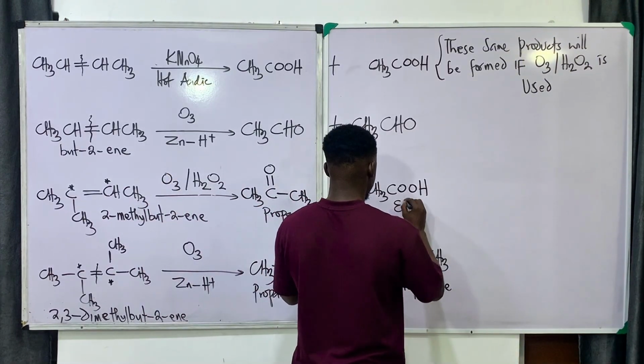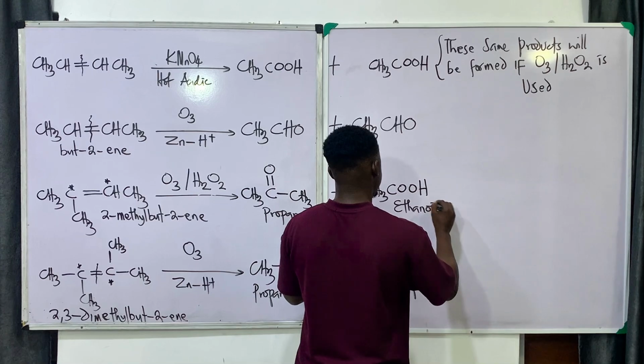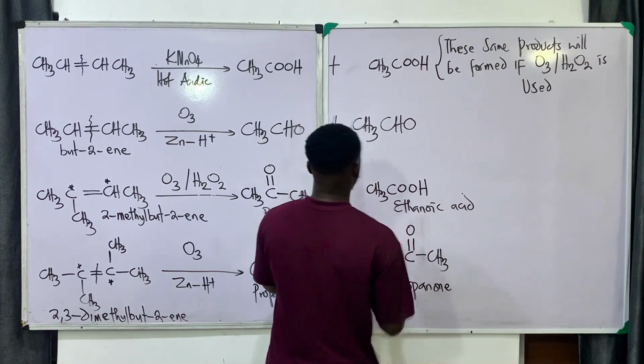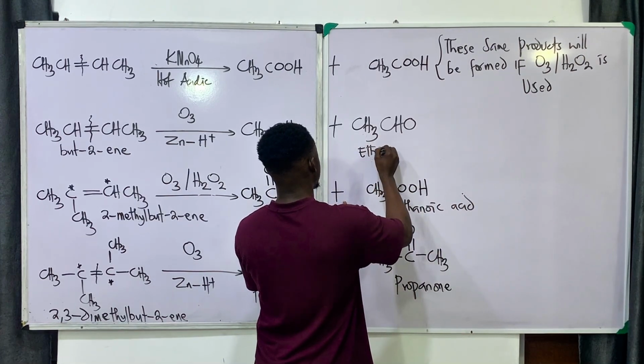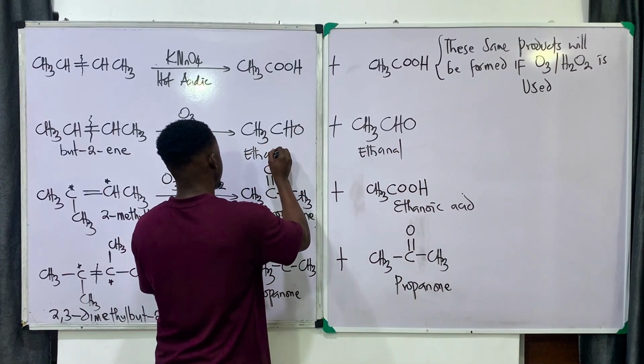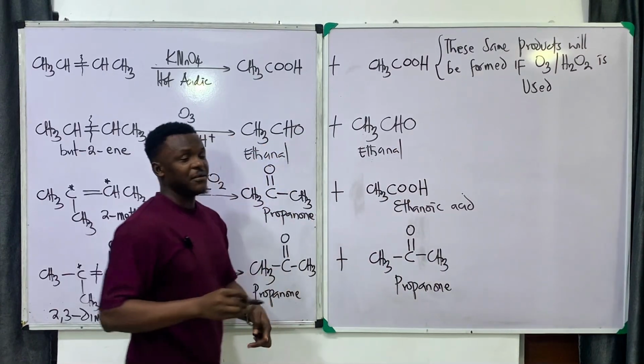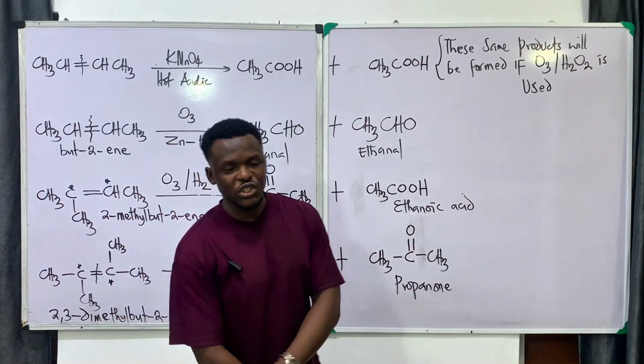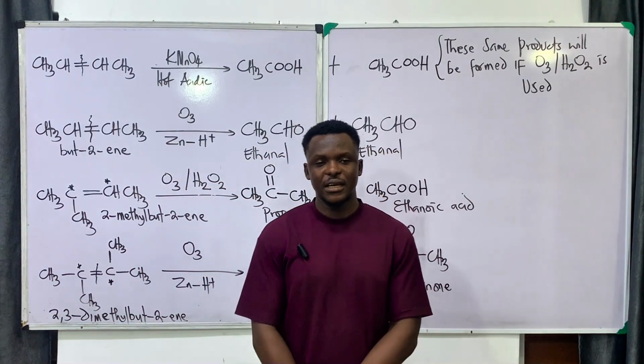Propanone, ethanoic acid, ethanol, and ethanol. Alright, so that is that for oxidation of alkenes.